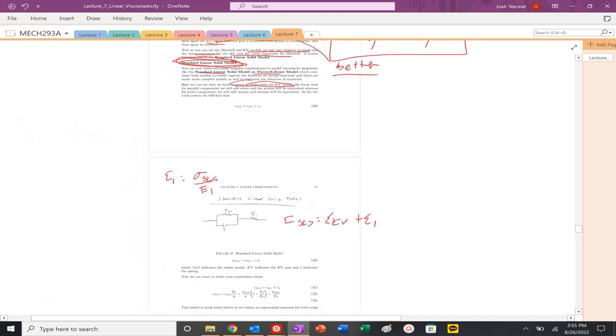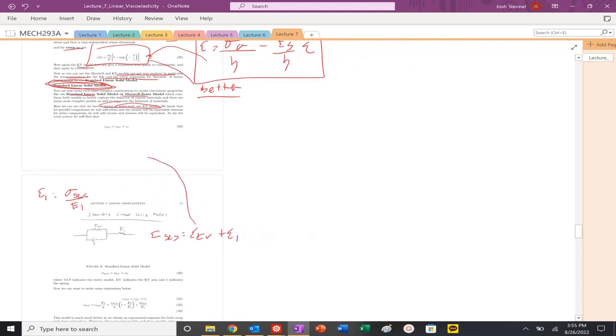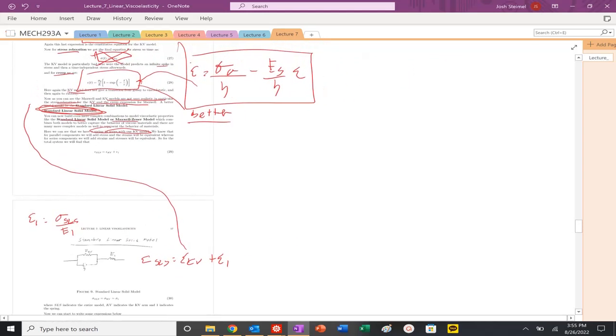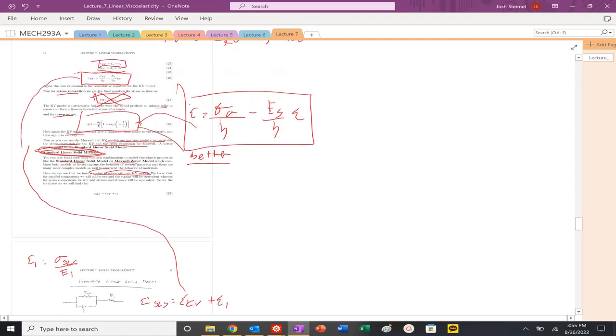We already have our expression for the strain of our spring component, and we can look back at what we previously derived for our Kelvin-Voigt expression. Specifically, the Kelvin strain dot equals this minus eta, and then divide that by our E. Instead of KV, we're going to call this E2.